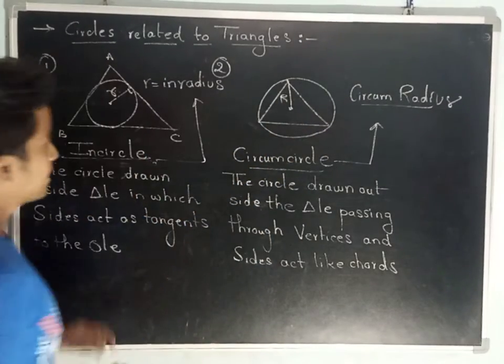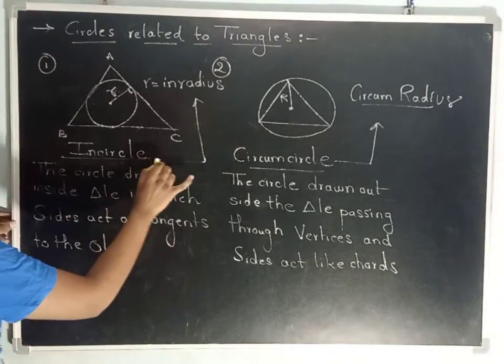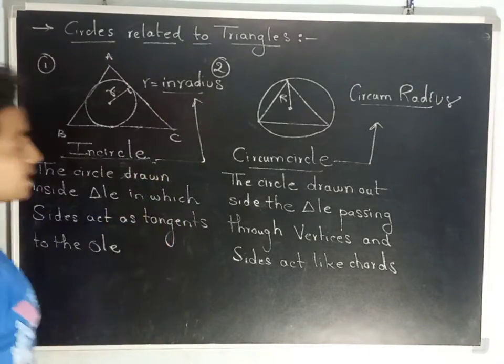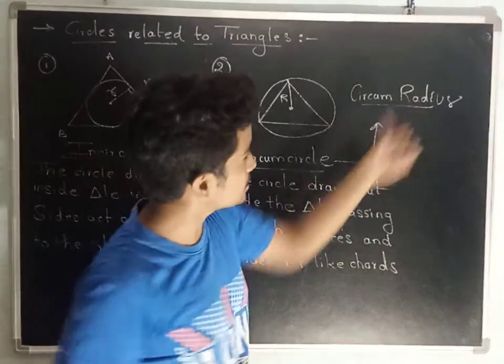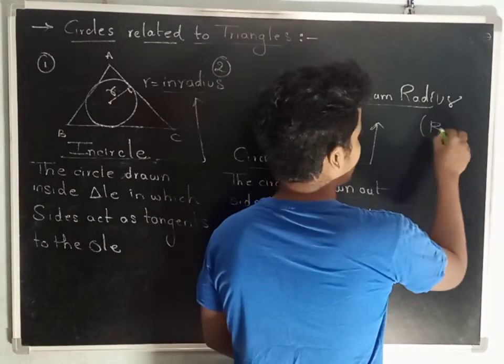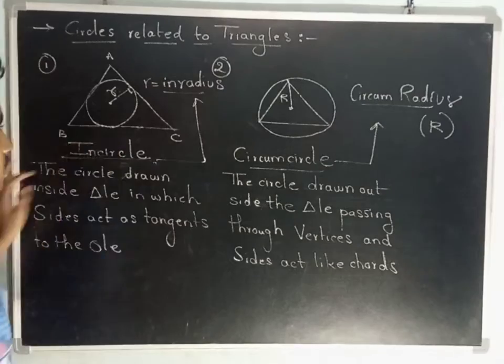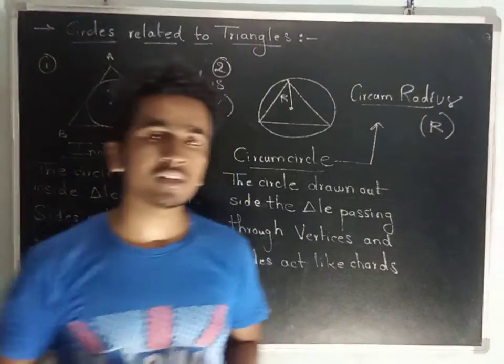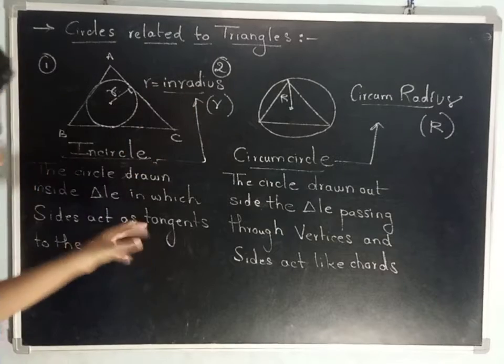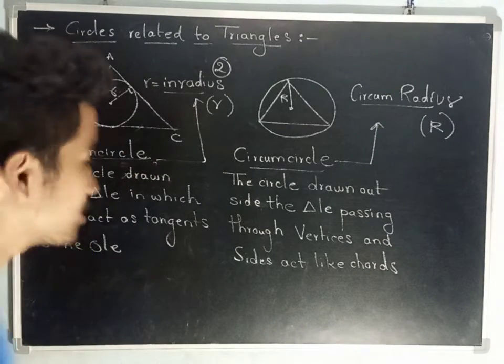Okay. And the radius of the incircle is nothing but inradius, denoted with small r, and the radius of the circumcircle is nothing but circumradius, which is denoted with capital R. This is what the basic terms and meanings you have to understand. Let's move on further.